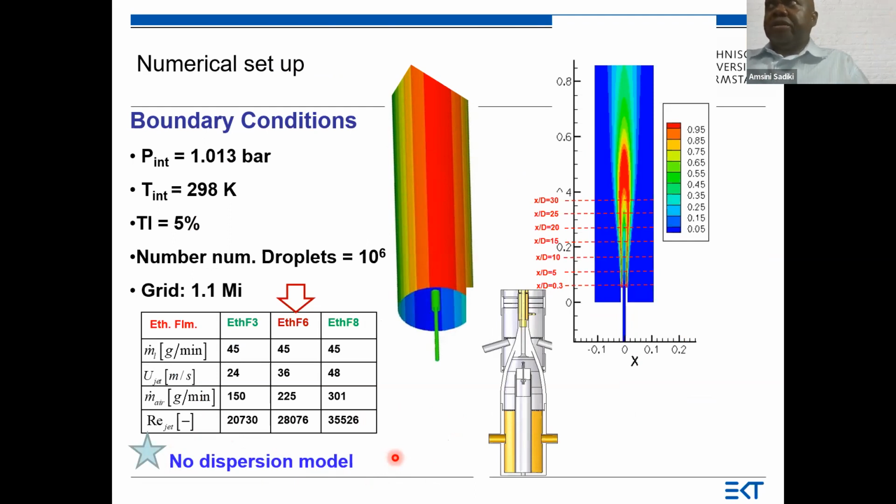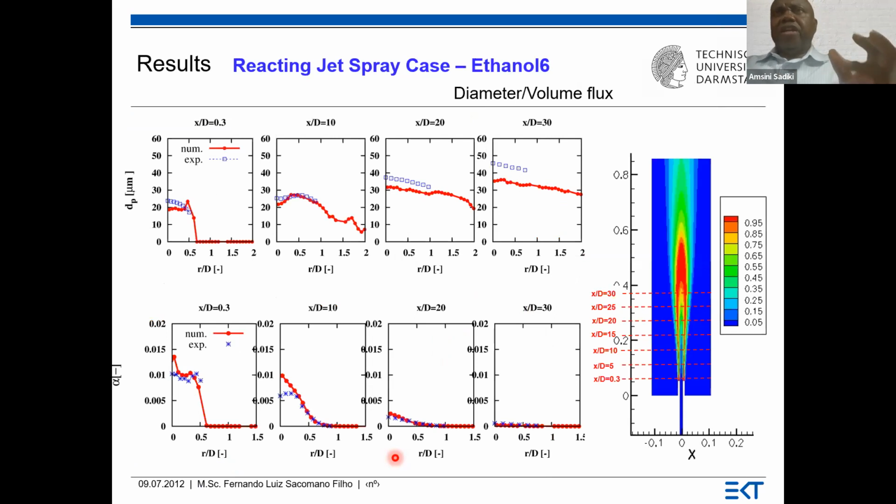As I told you, I think in the morning, if we have this criterion, it means that the main fluctuation has an effect on the filtered quantity, and the subgrid scale fluctuation, the subgrid scale dispersion effect, can be neglected.